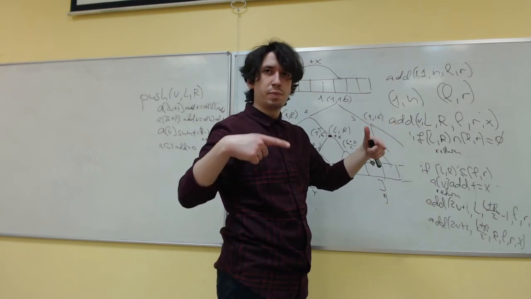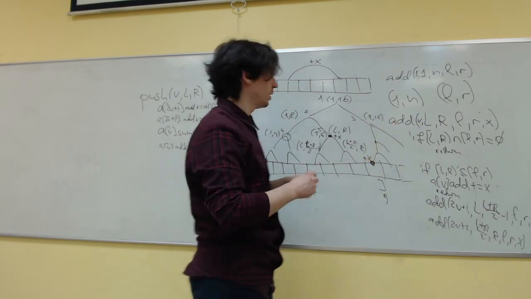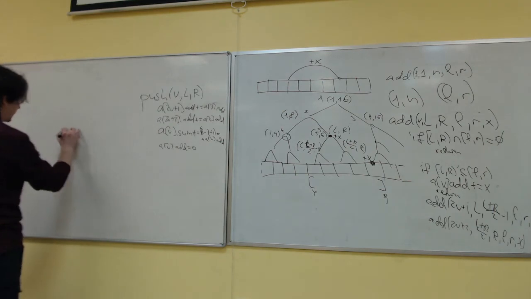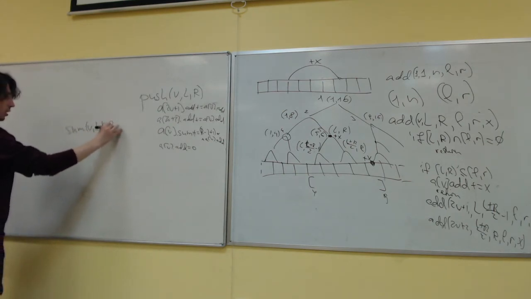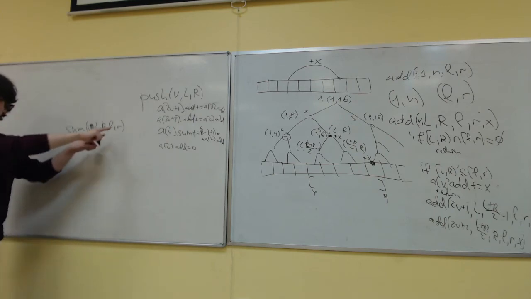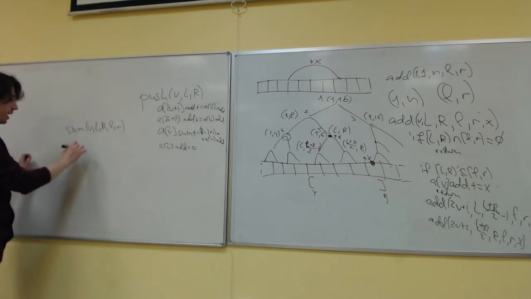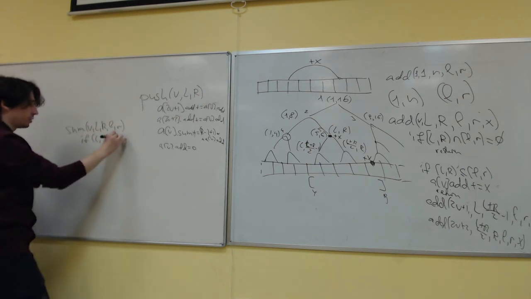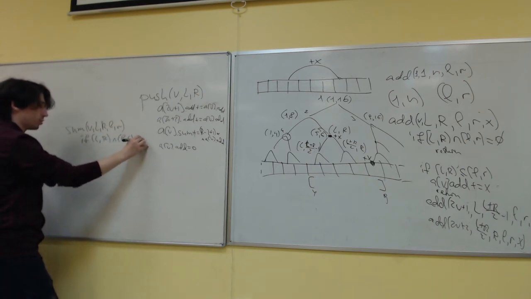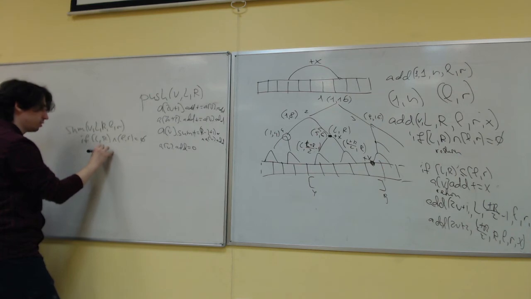The push will appear in the sum. So if we have sum v l r L R, we want to calculate the sum on LR. If the segment does not intersect with LR, then return 0. Then we will do push v.